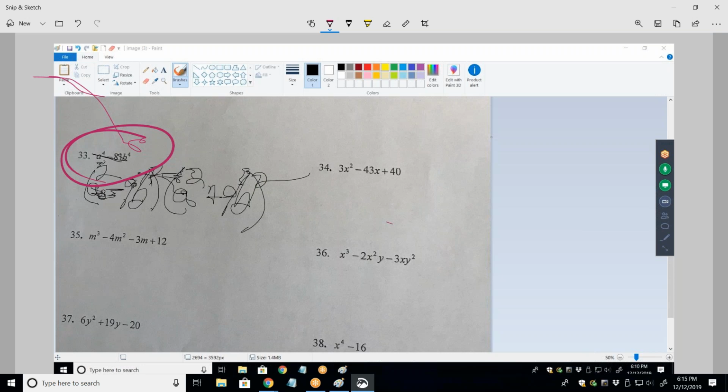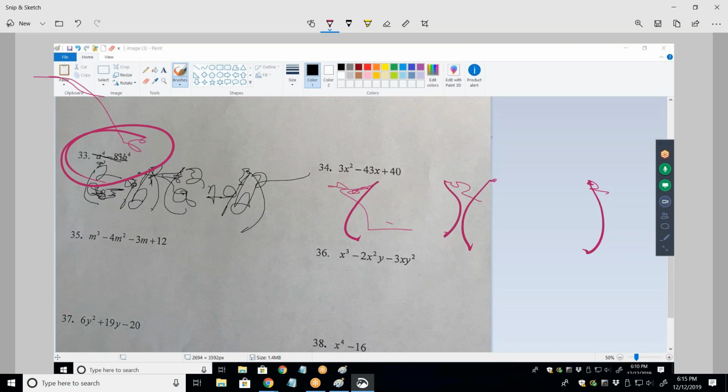34 is a harder quadratic. That doesn't mean it's not doable. It just means it's going to be a little harder. First step: can you divide the other 2 terms by 3x?